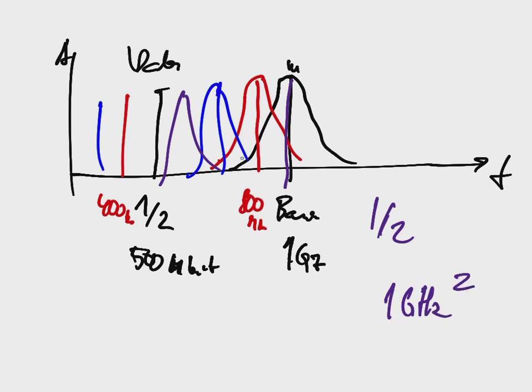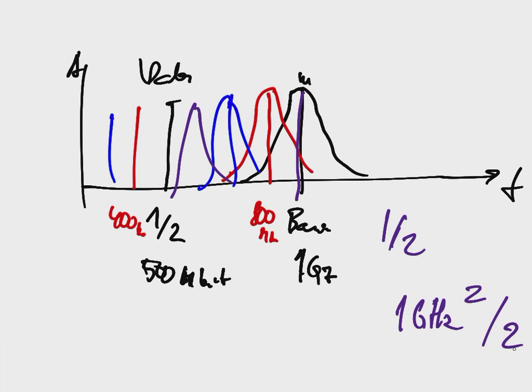1 gigahertz squared, and then divided by 2. Why? Because if you can filter out very many separate frequencies here, you can send more and more data there. This means that in general you can reach almost the squared amount of maximum data throughput through a particular bandwidth of the network.